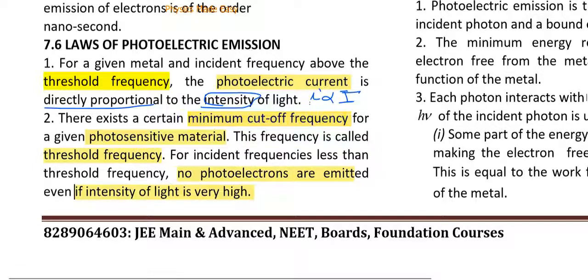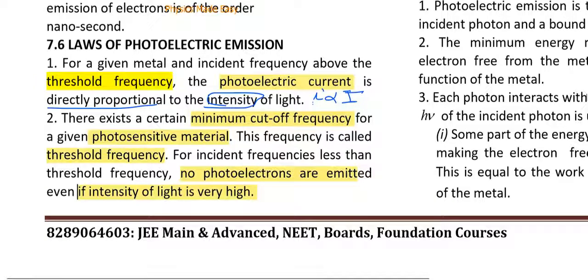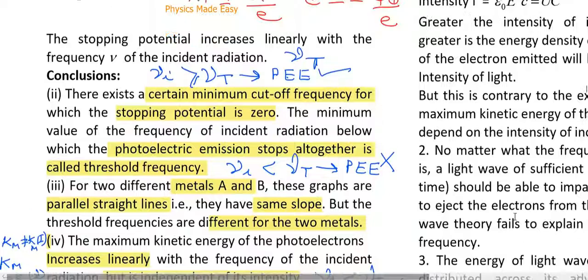So intensity starts working only if the incident frequency is larger than the threshold frequency nu naught. Previously I was representing it by nu t; so nu naught or nu t is the threshold frequency. And this is the second law.